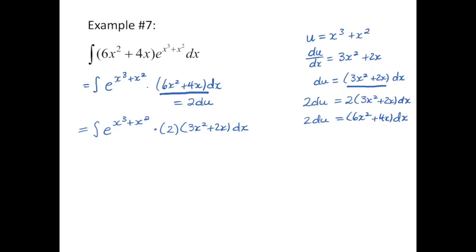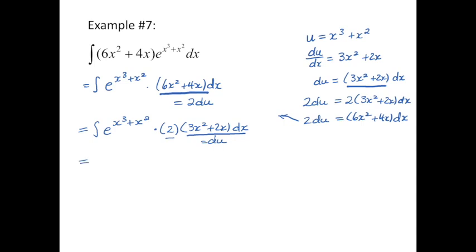And either way, we're making that same substitution. We can either say that the 6x squared plus 4x dx is equal to 2 du, or we can say 3x squared plus 2x dx is equal to du, in which case we have this 2 times this du, so we end up with the exact same thing.